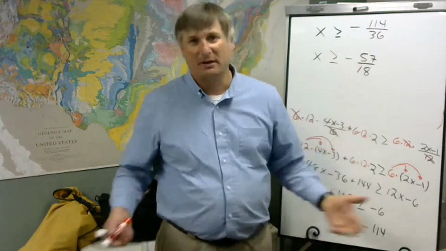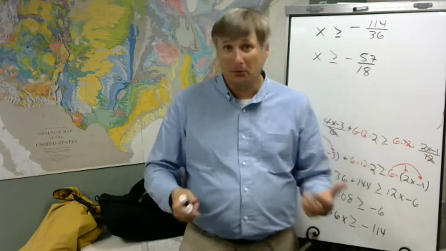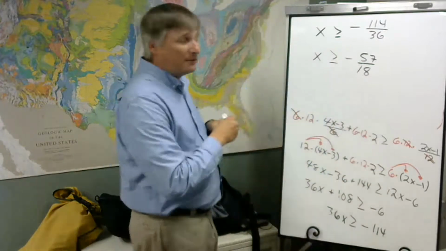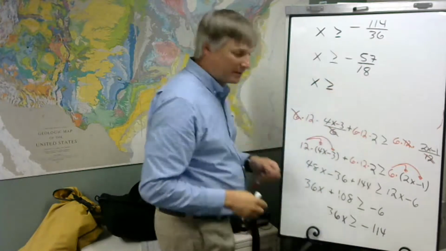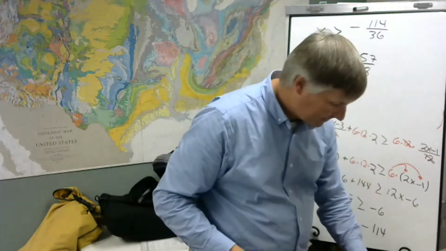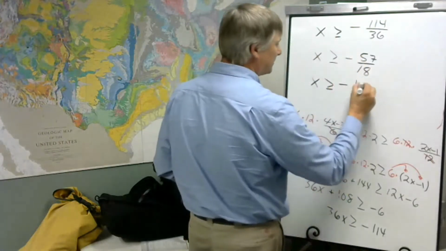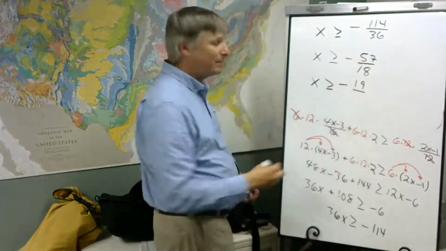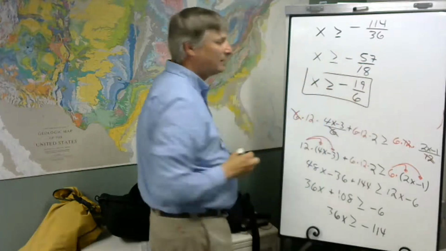Well, 1 plus 8 is 9. 9 is divisible by 3. And we know 18 is divisible by 3. 6 times 3. So divide top and bottom by 3. What do we get? All right, I'll bust out a calculator for 57. 19. Now 19 is a prime number. 18 divided by 3 is 6. And so there is your answer.